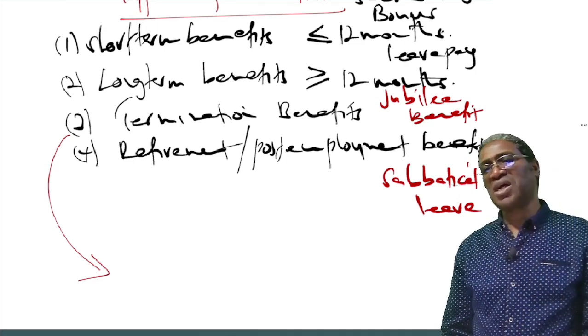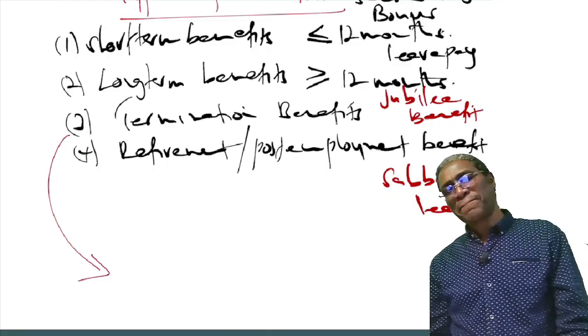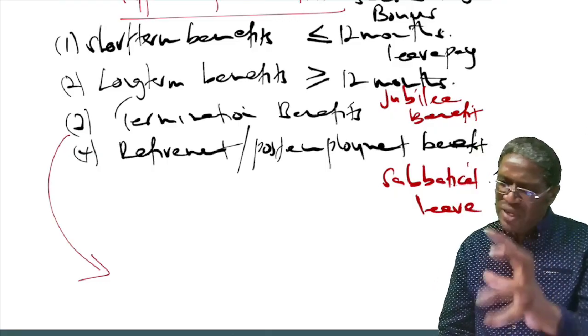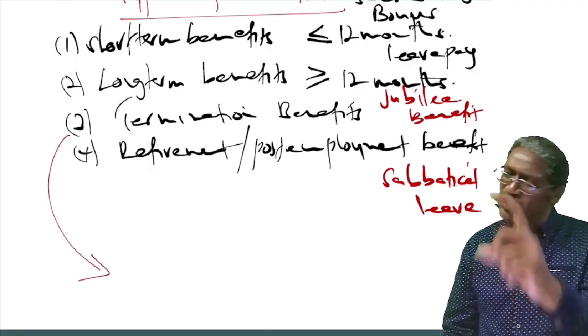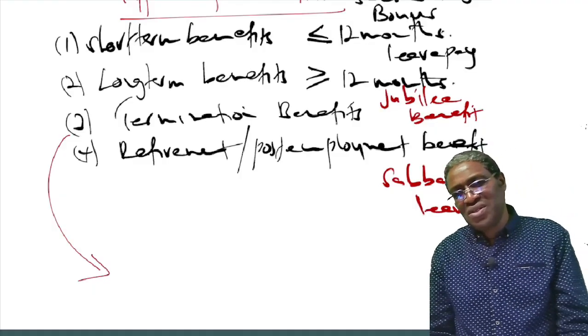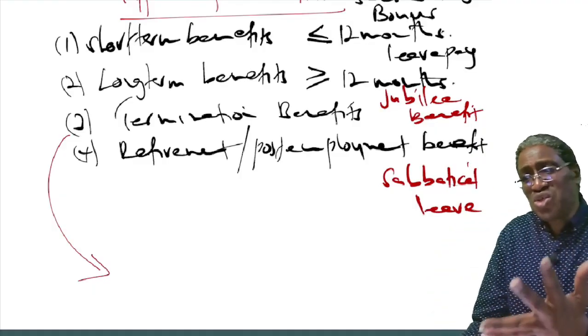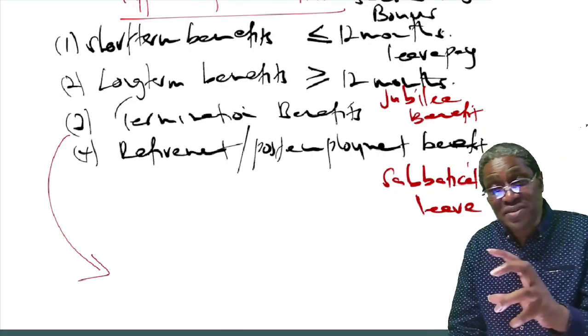No, let's first discuss termination benefit. Now, the term itself already, even when you are told to define, at least you should get something. Because some questions tell you to define it.